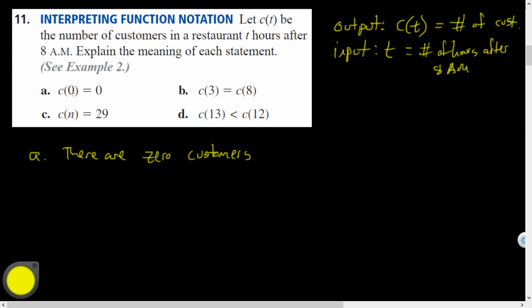What does time equals 0 mean in terms of this problem? Well, 0 hours after 8 a.m. would represent 8 a.m. So there are 0 customers when they open the shop. Well, actually, we don't know they open the shop at 8 a.m., but I was assuming.